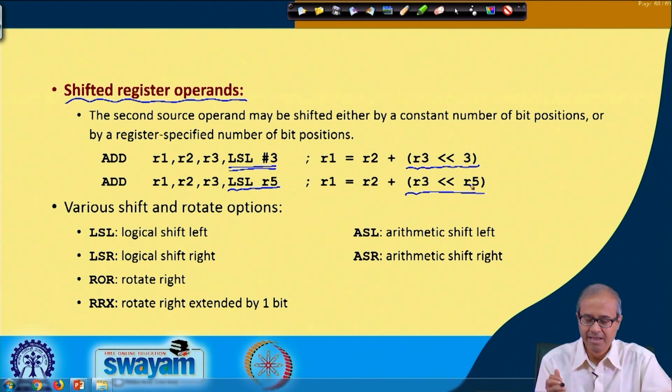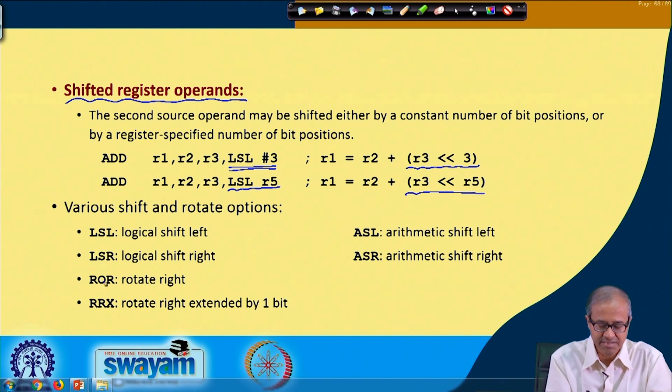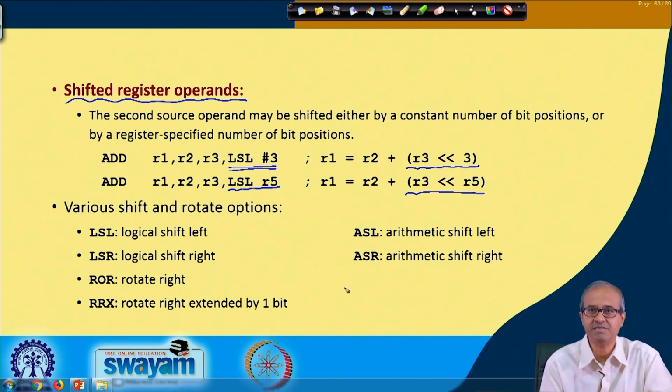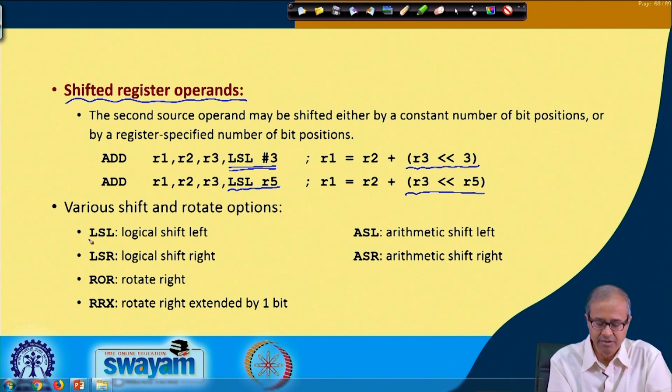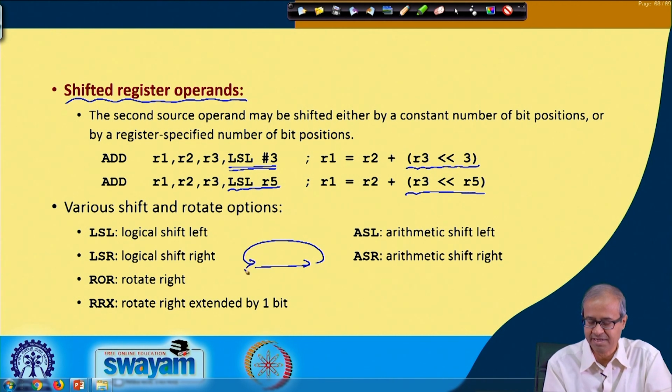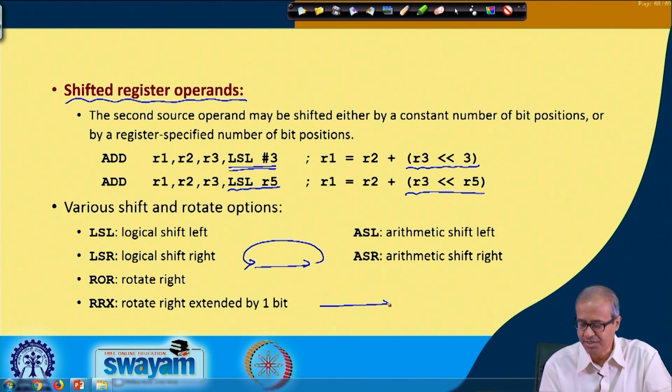Okay. And not only logical shift left, there are various shift and rotate options available: logical shift left, logical shift right, rotate right. Rotate right means when you shift right, the last bit coming out will again get inside the register. Rotate right extended means the register you are rotating right, then there will be your carry flag.